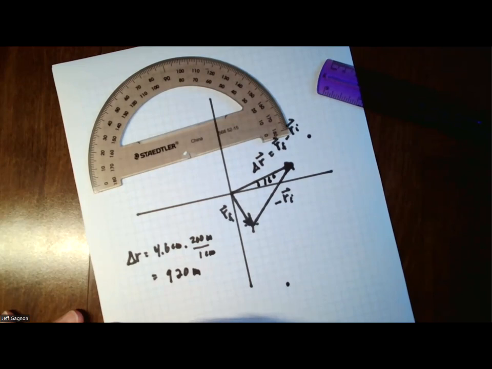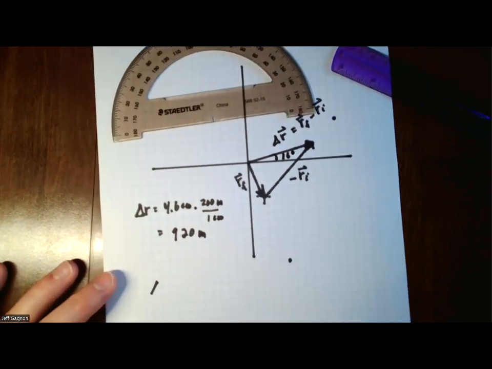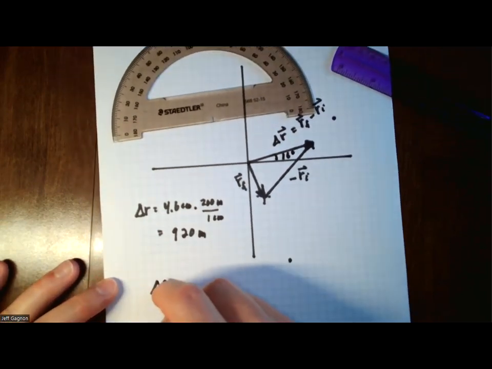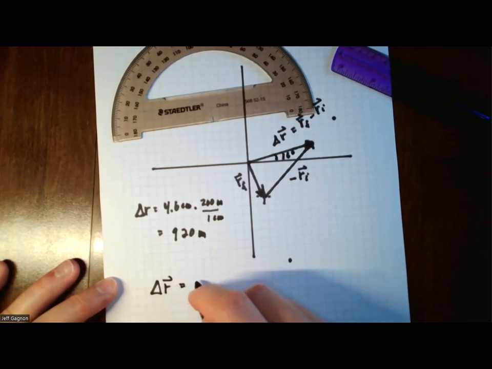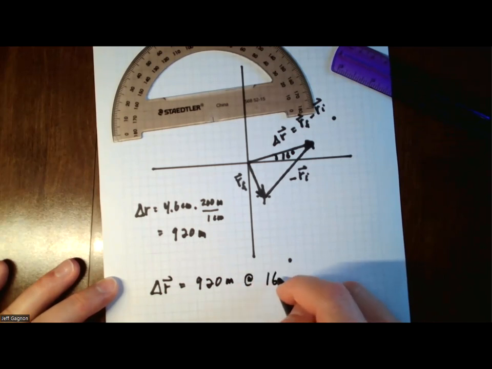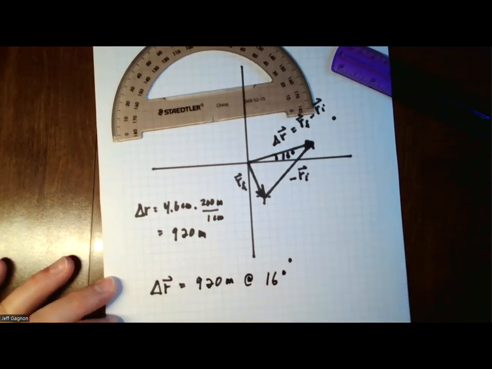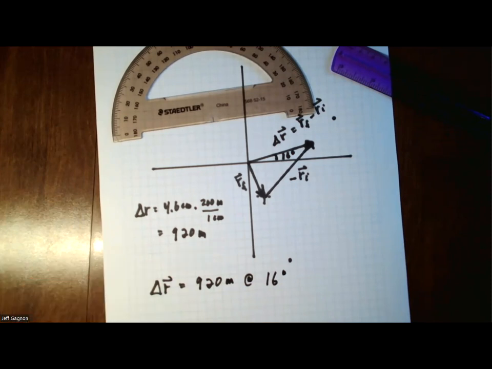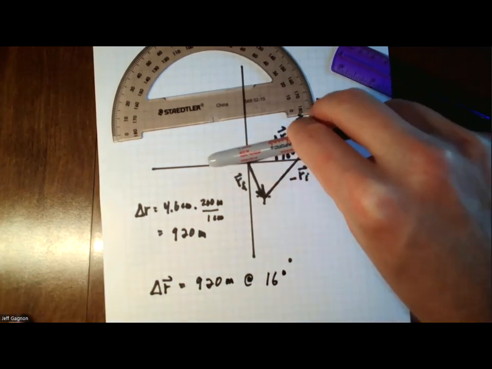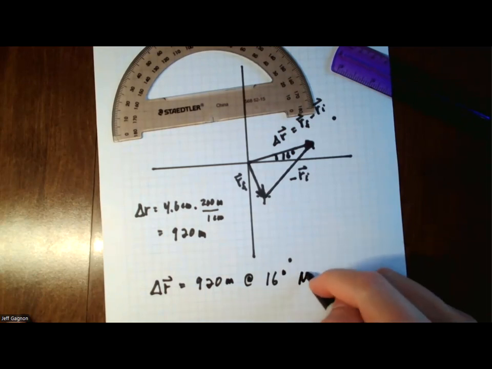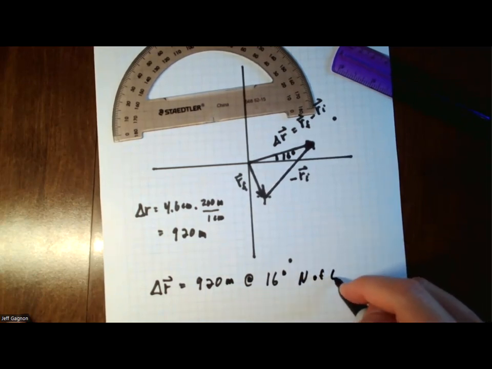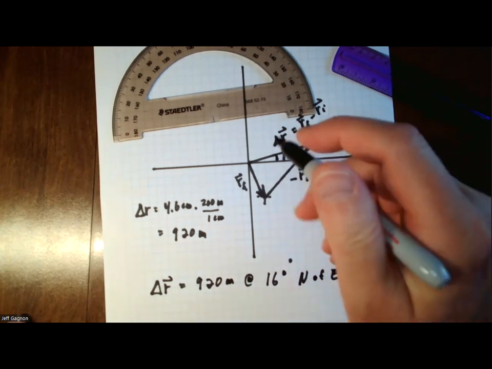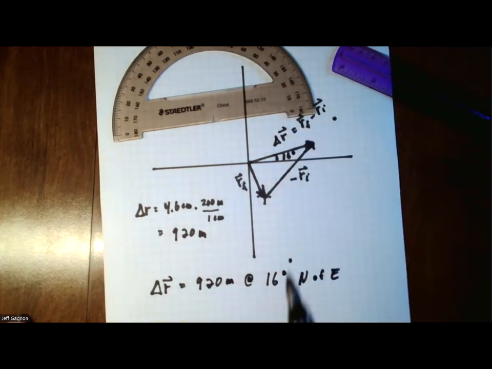So that means my delta R vector is going to be 920 meters, real world units now, at 16 degrees. And we don't have to say north of east because 16 degrees is always defined from the positive x counterclockwise. If you want to, you could say north of east to be even more clear. But if I just give an angle, it's always assumed it's measured from the positive x counterclockwise.